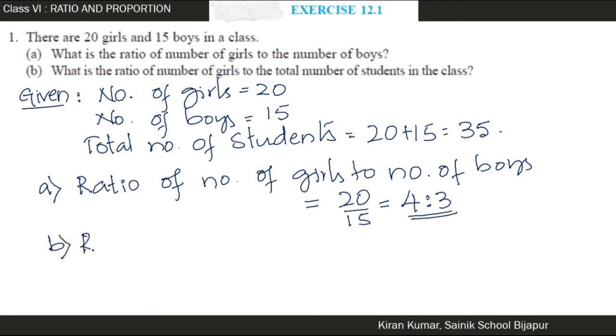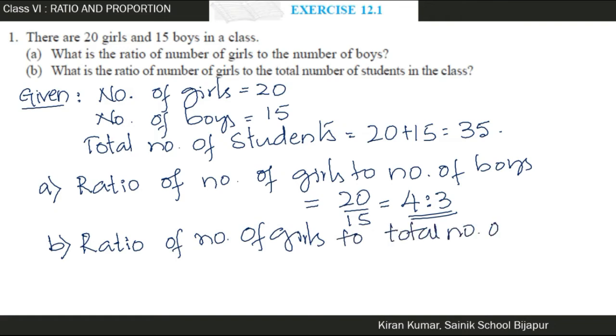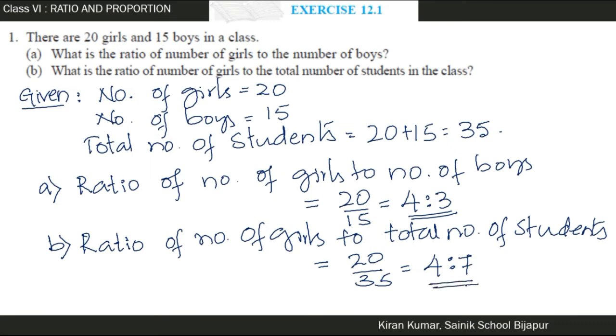In the second, we have to find the ratio of the number of girls to the total number of students. This will be equal to 20 upon 35, 5 4 times and 5 7 times. So we get the ratio as 4:7.